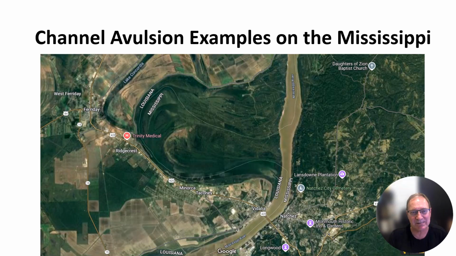I've got a few more examples of this. This is another example where, if you look, you can see how the river at one time moved around this particular piece of land and flowed back here. And then at some point, again, water is going to follow the path of least resistance. It's just its general nature to potentially straighten itself out.